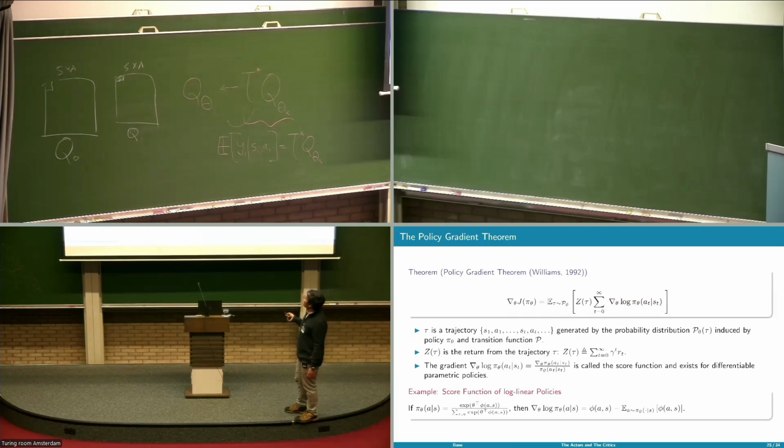And in this part, you see this gradient of log of pi theta can be written as gradient of pi theta divided by pi theta, which is often called the score function, and exists for most of the differentiable parametric families of policies. For example, if you think of the log linear policy that we were talking about, this gradient looks exactly like phi of s,a, that's the feature corresponding to state and action, minus the expectation of this phi of s,a.